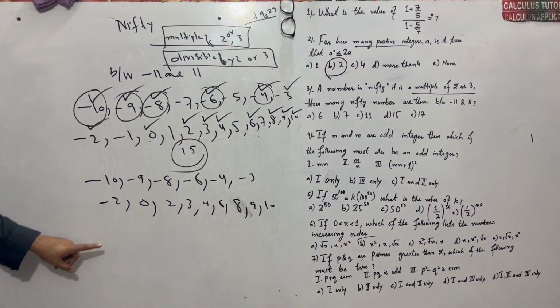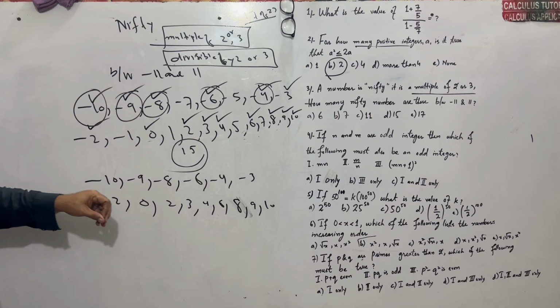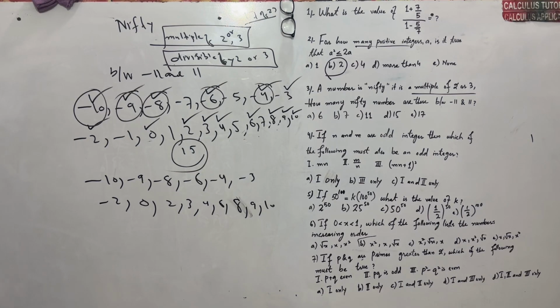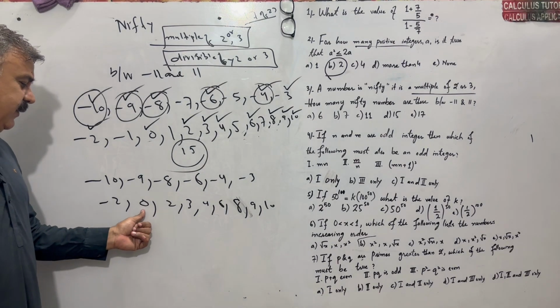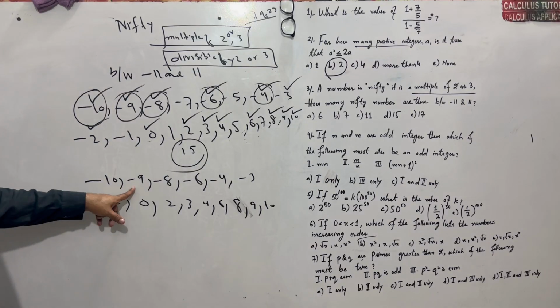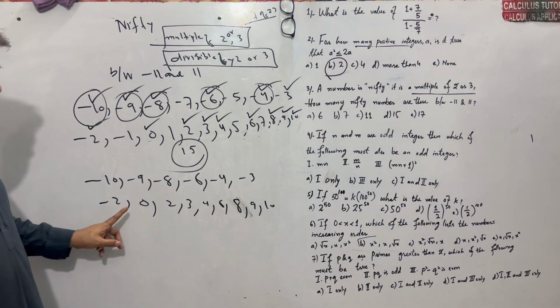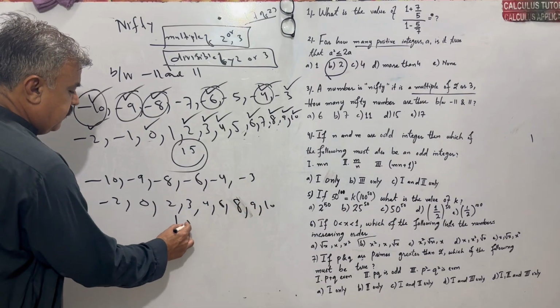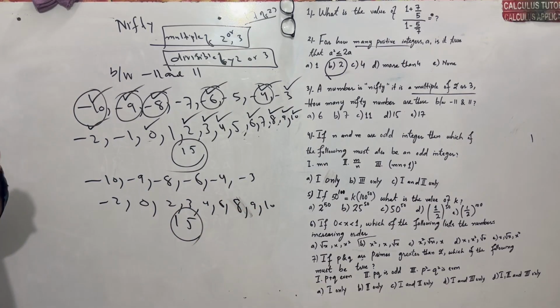They are 15. Look, 0 is a multiple of every number, whether it is 1, 2, 3. 0 is some magical number. Division by 0 is not allowed, otherwise 0 works miracles. 15 are the numbers between minus 11 and 11 that are multiples of 2 or 3.